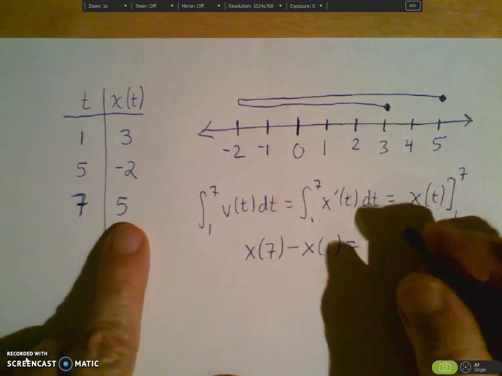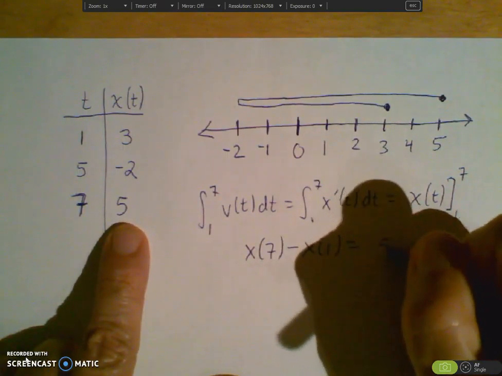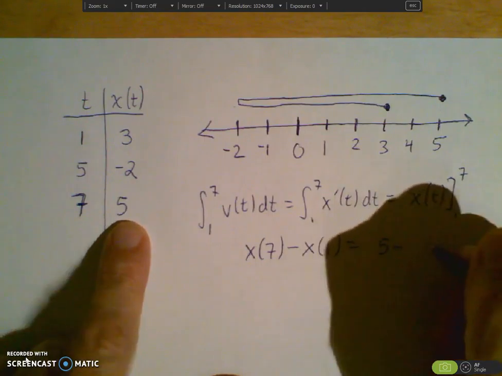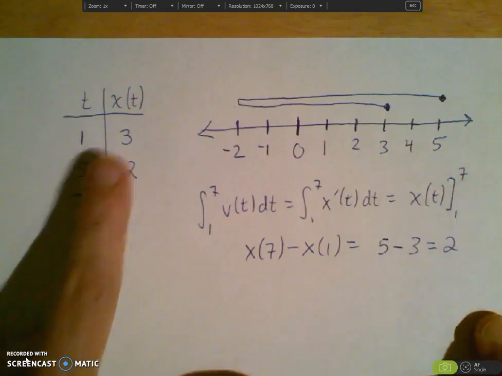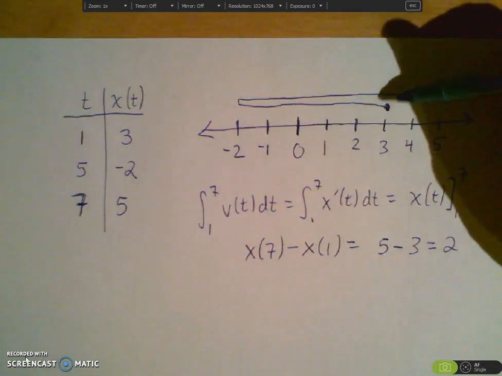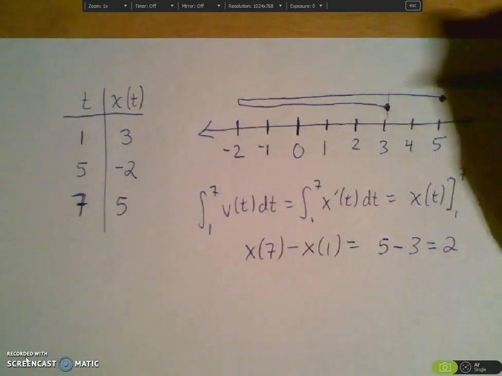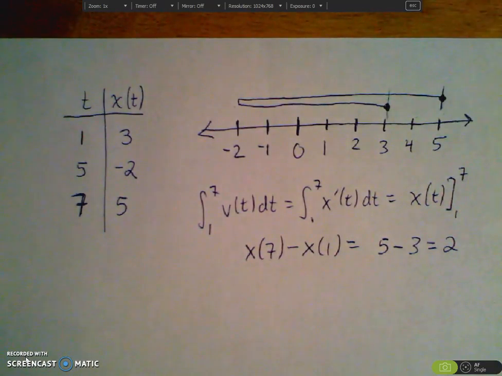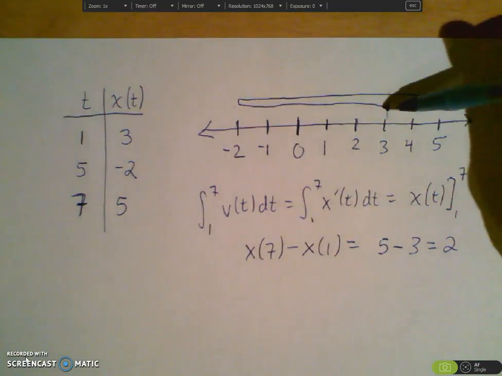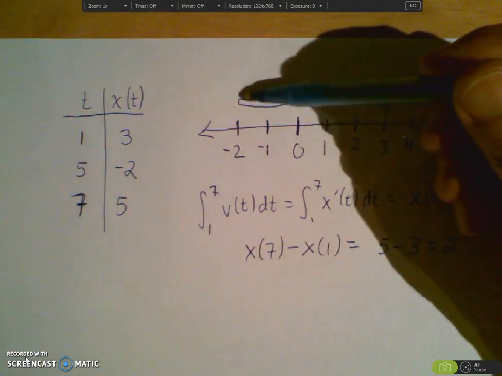In other words, we would have 5 minus 3, which is 2. You can see that the change in position from where we started and where we ended up is 2 spaces. That's not the distance we've traveled, though.